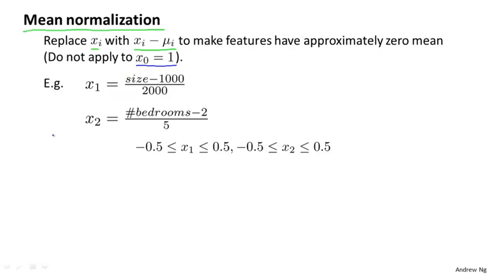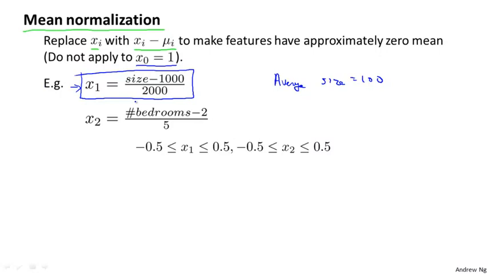But concretely, for other features, if the range of sizes of a house takes on values between 0 to 2000, and if the average size of a house is equal to 1000, then you might use this formula, set the feature x1 to be the size minus the average value divided by 2000.